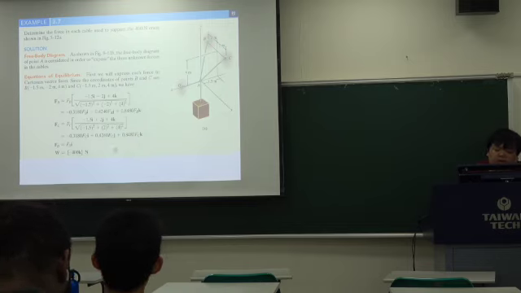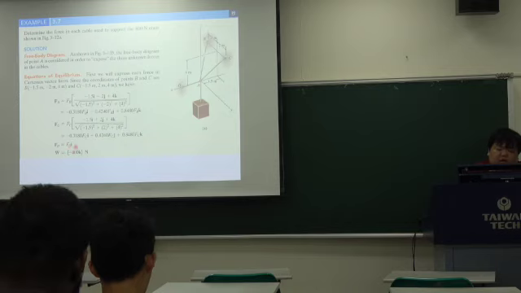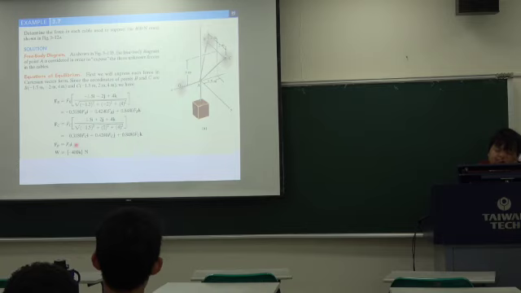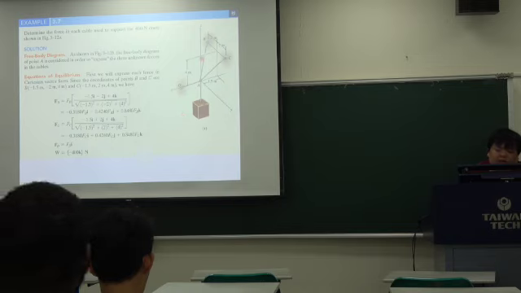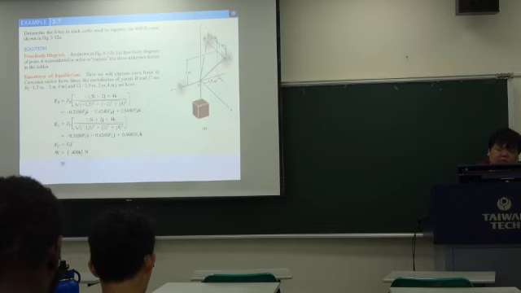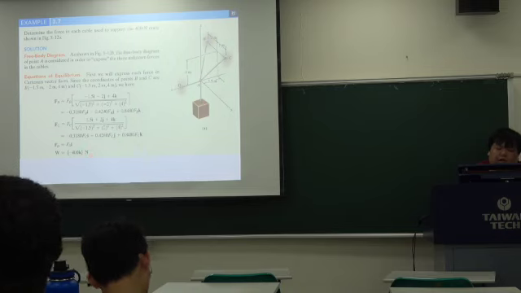In FD at x direction, so just put the FD times the i part. i is vector, and the loading force at minus z direction. So we use the minus 400 Newton times the k.